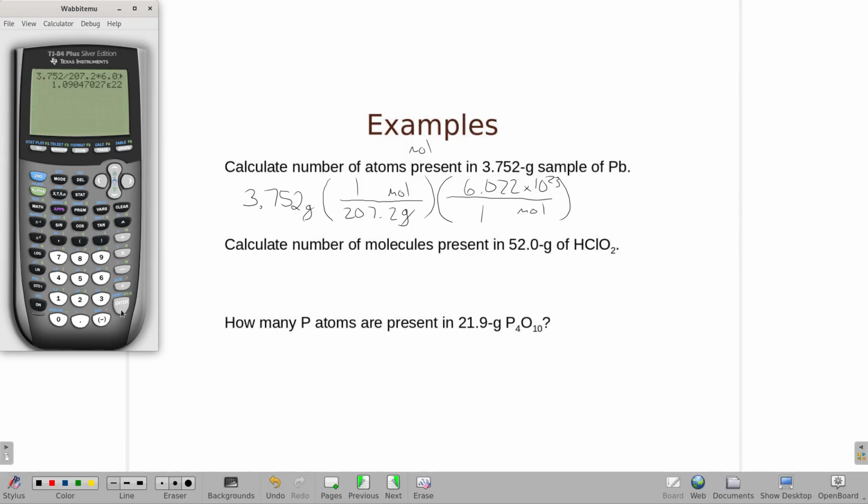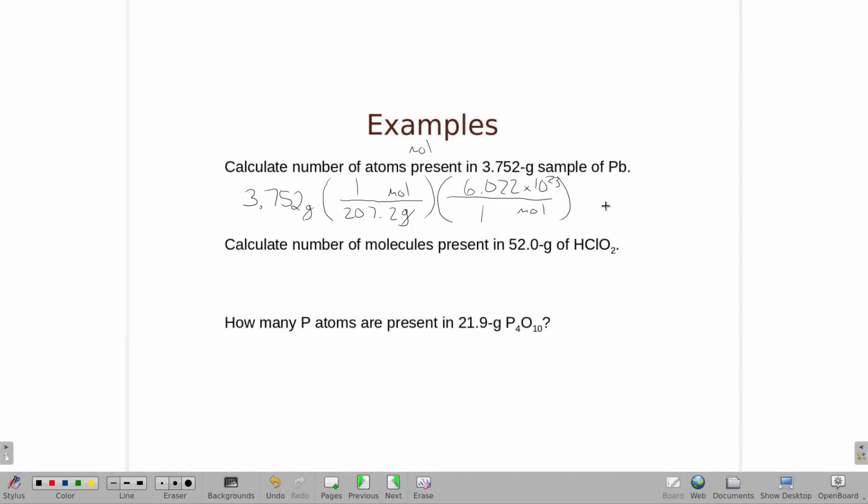And we get 1.09 times 10 to the 22nd. And this would be lead atoms.